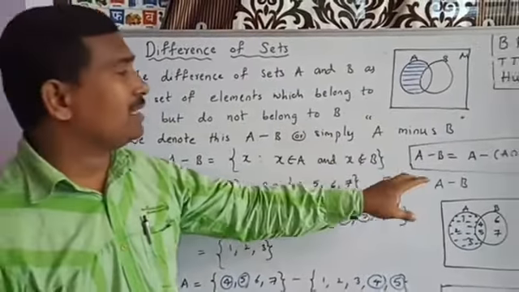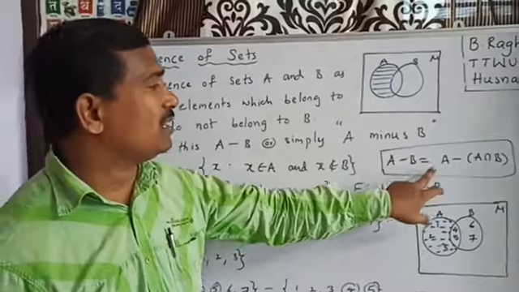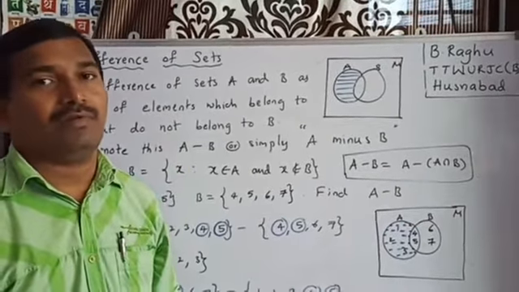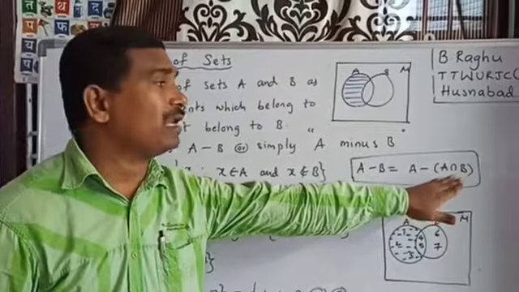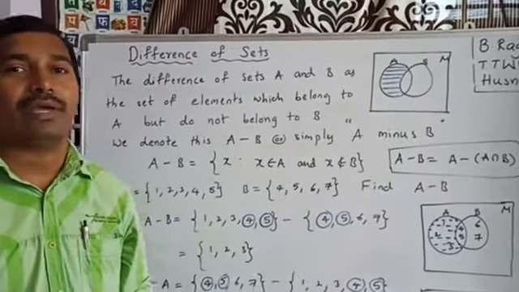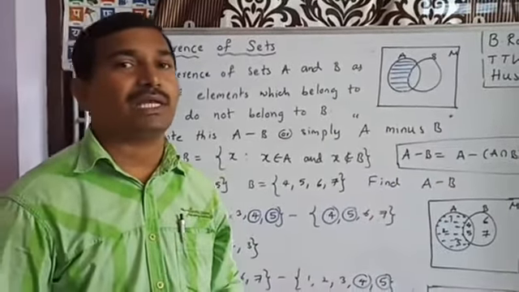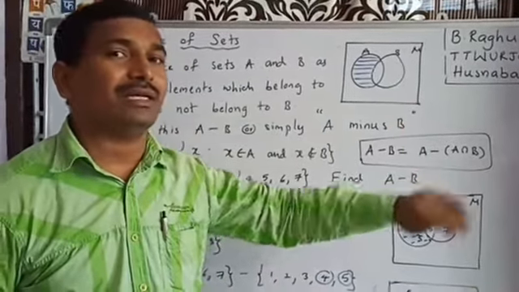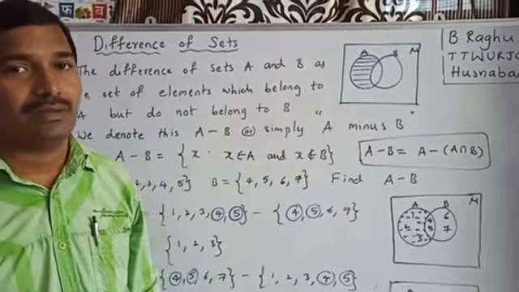That can also be represented as A minus B equal A minus A intersection B. We are subtracting common elements from A. Okay, are you getting it?